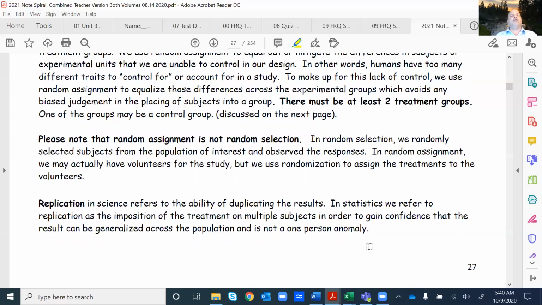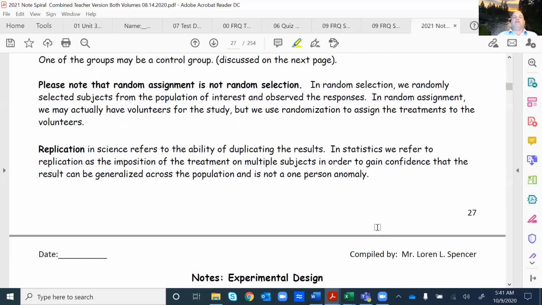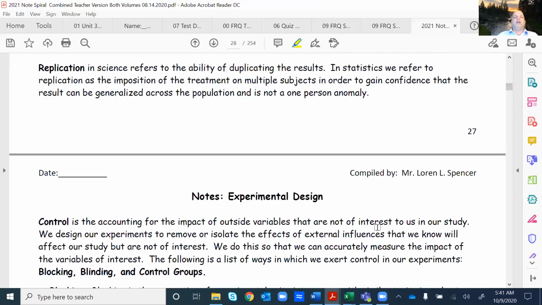We're going to apply it to more than one subject so that we can generalize for the population, all right? So replication is we're going to have more than one person eat grape nuts, as the case may be, all right?